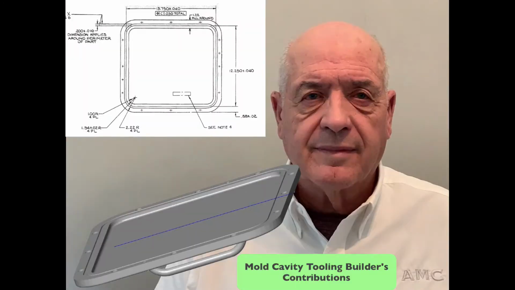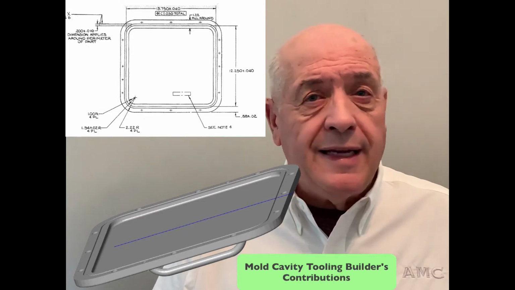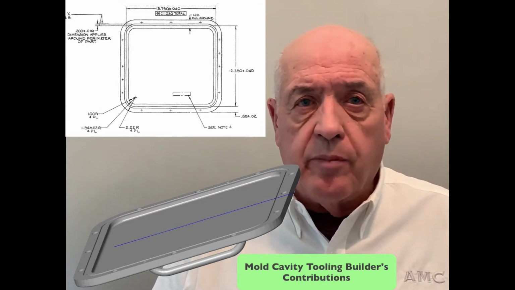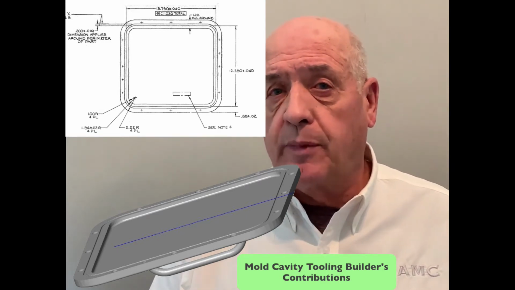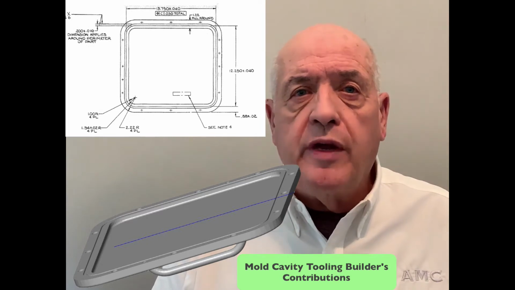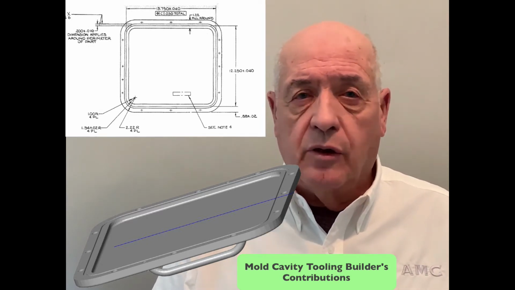Before we look at examples of how all this works, here are the key elements of what the mold cavity tooling builder can contribute to success. Build 3 solid models from the 2D drawing, replicating the dimensions, tolerances, and surface specifications. In other words, a solid model from the 2D drawing as is, no changes.